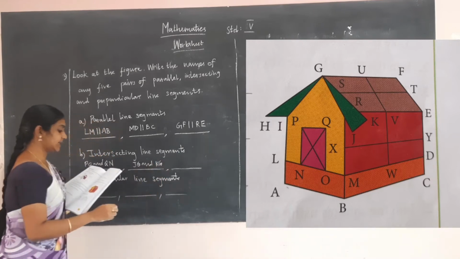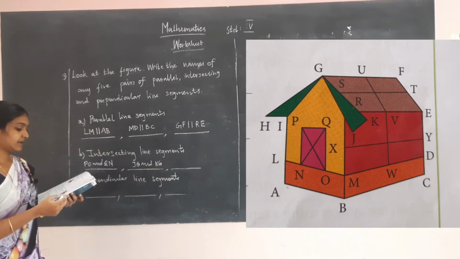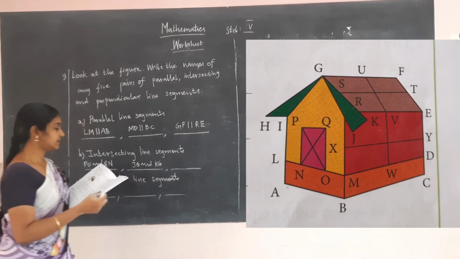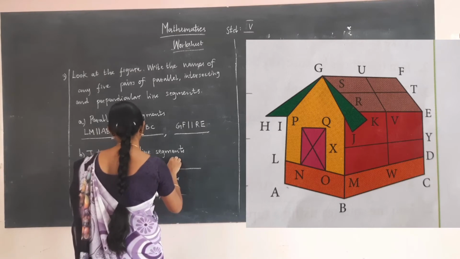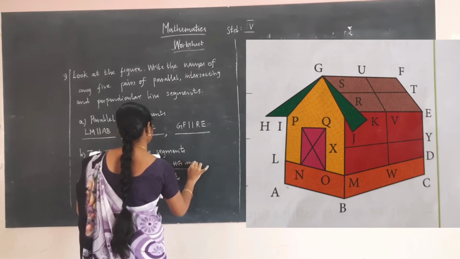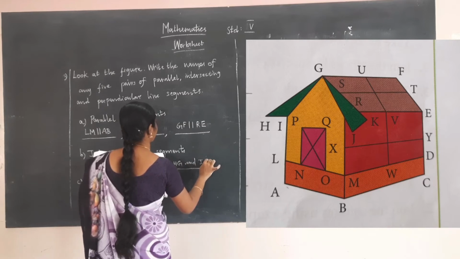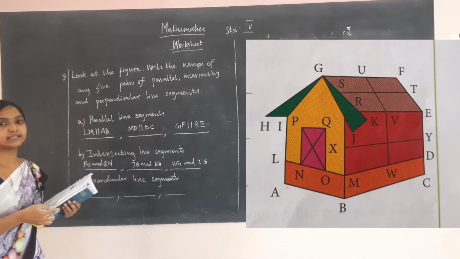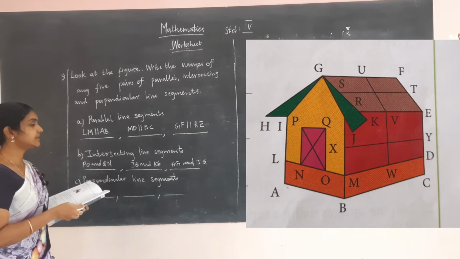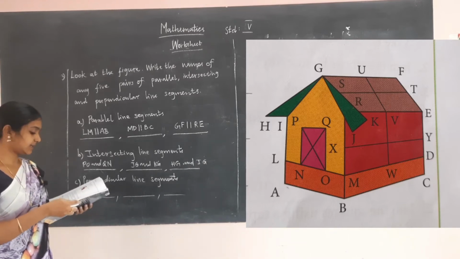They both are intersecting at G. Next, look at the green side, HG and IG. They both are intersecting lines. They also intersect at G. You are going to find remaining 2 intersecting lines.